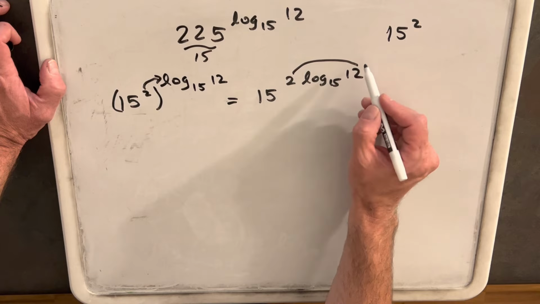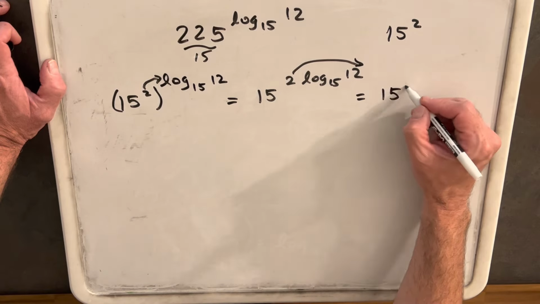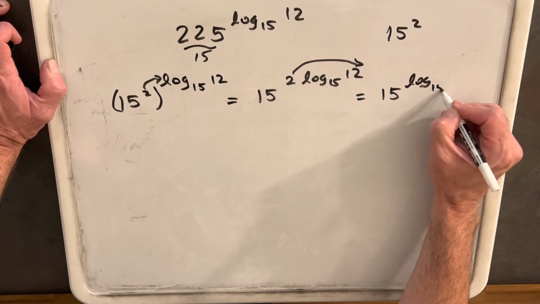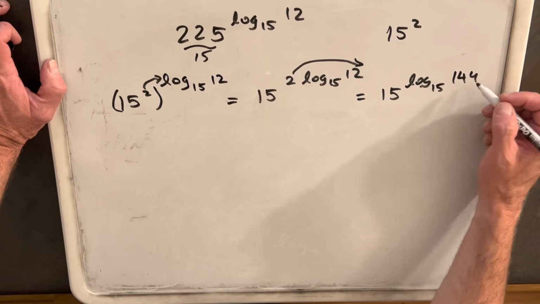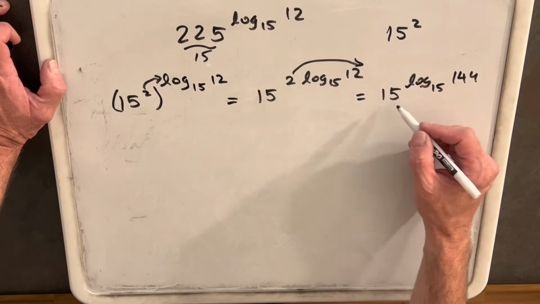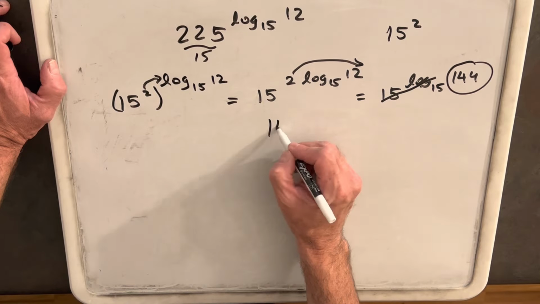Seems like we usually go the other way, but we can make this the exponent here, and we have 15 to the log base 15 of 12 squared. 12 squared is 144. And so by the property we saw earlier, we essentially cancel that, and we get for our answer 144.